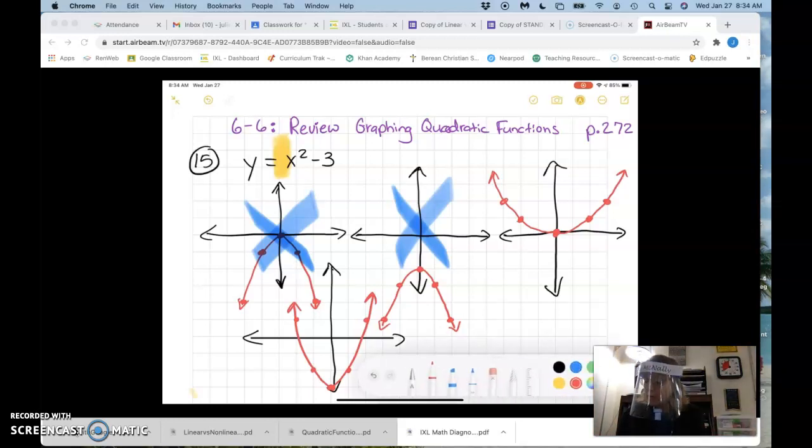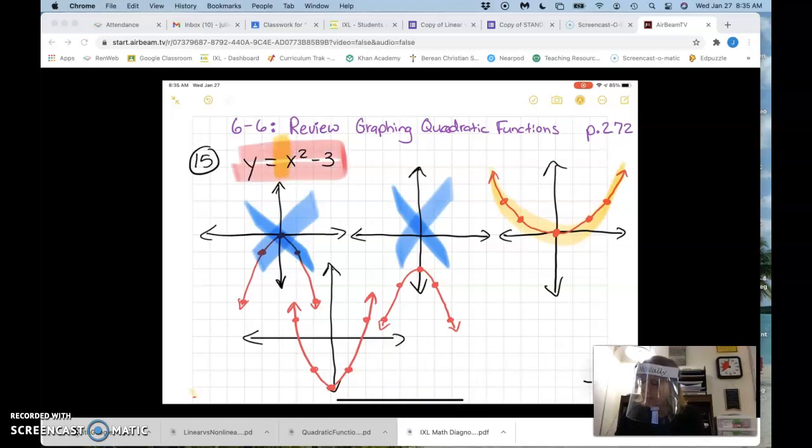So the way you're going to find out is you're going to use these points that are on the graph, and you're going to plug them in to your equation and see if the 2 sides balance. So for example, if I look at this one here, I'm going to take some of those points and plug them into this equation. Okay?